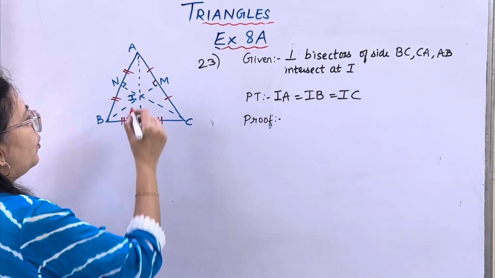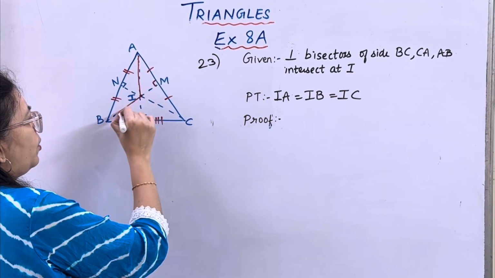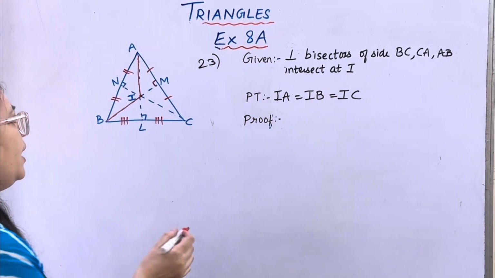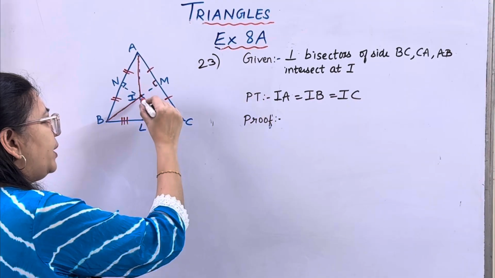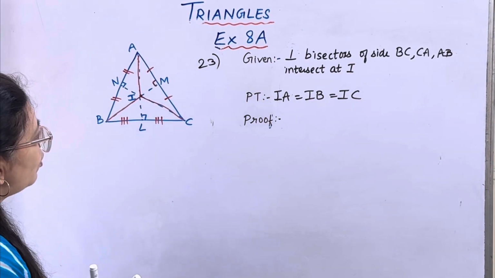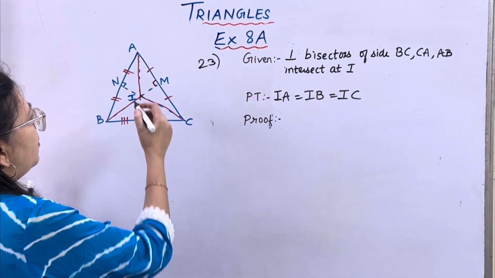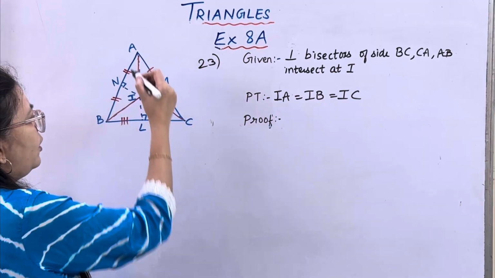I have to prove from here IA is equal to IB first. Then I will prove IB is equal to IC. So let's first prove IA is equal to IB. For that I will take these two triangles.